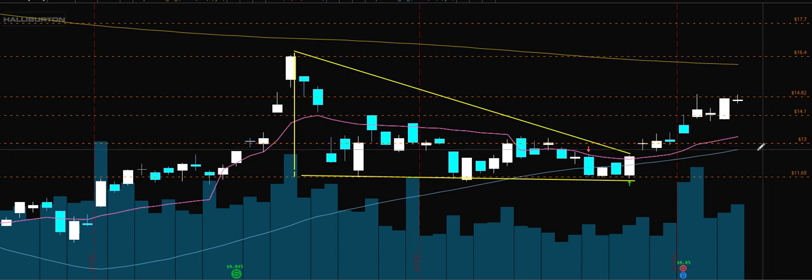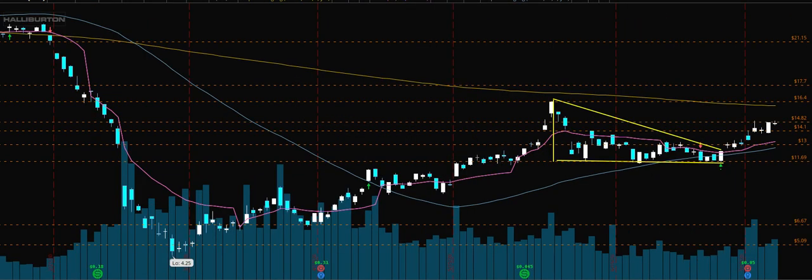So if it plays out according to patterns, you should expect it to hit close to this 17.70 level before it finds a resistance point. Like I said, there's no guarantees, but that's just looking at patterns and what you might expect.